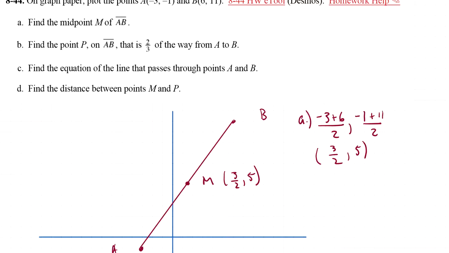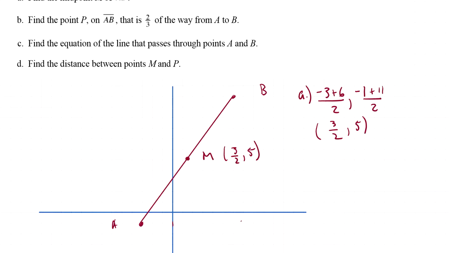Alright, now what we want to do is find the point P on segment AB that is 2/3 of the way from A to B. As I go to do this problem, I'm going to make this into a right triangle, and I want to go 2/3 the distance.